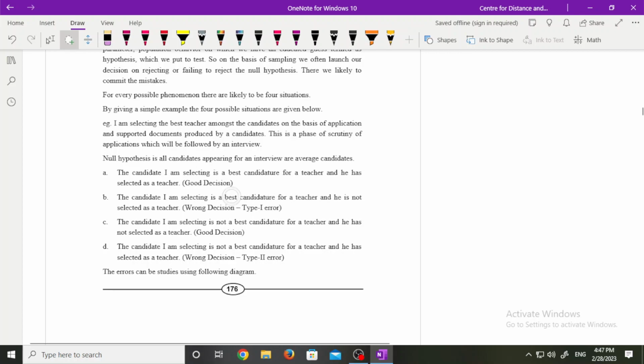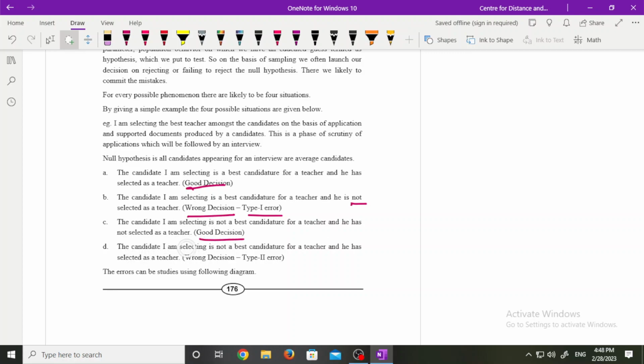This is our good decision. The candidate I am selecting is the best candidate for a teacher and he is not selected as a teacher. This is our wrong decision, type 1 error. The candidate I am selecting is not the best candidate for a teacher and he has not been selected as a teacher. This is our good decision.